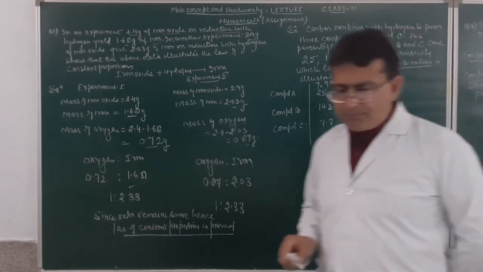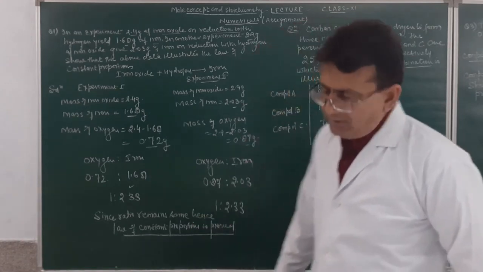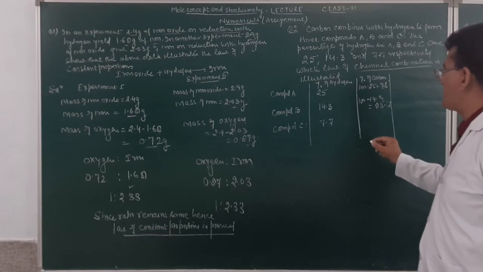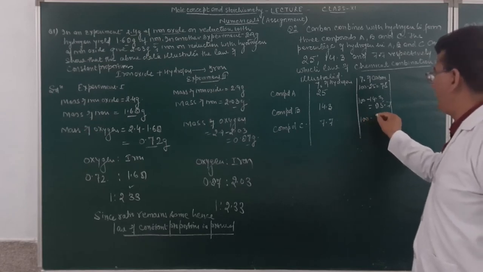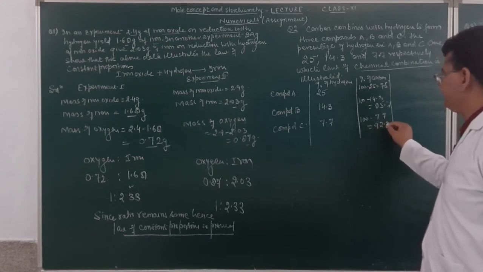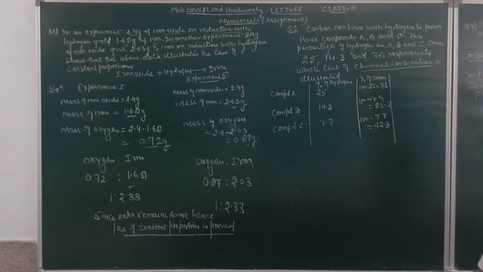Now in compound C, this will be 100 minus 7.7. So this will be 92.3. Am I clear?